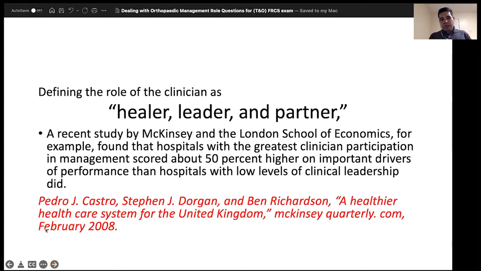There is a paper done in London and published in February 2008, and they found that hospitals with the greatest clinician participation in management scored about 50% higher on important drivers of performance than hospitals with a low level of clinical leadership. So you are not only a healer, but a healer, leader and partner, and you have to remember that. You are not only the doctor that treats the patient, but part of your job is to be a leader and partner as well.